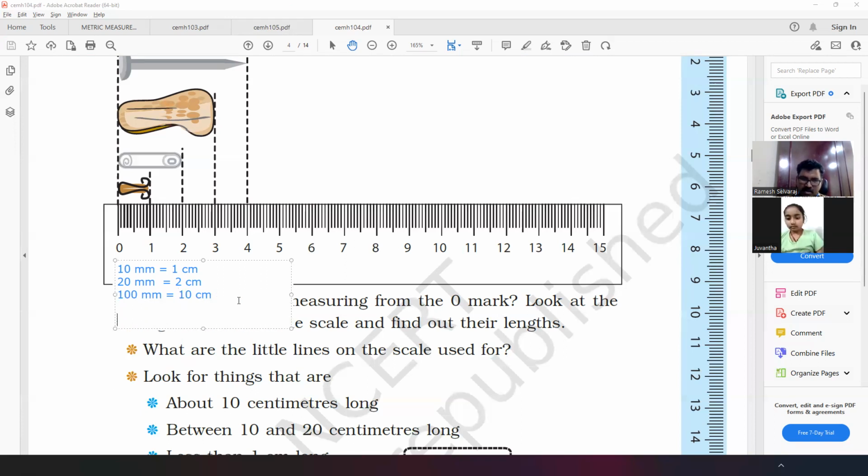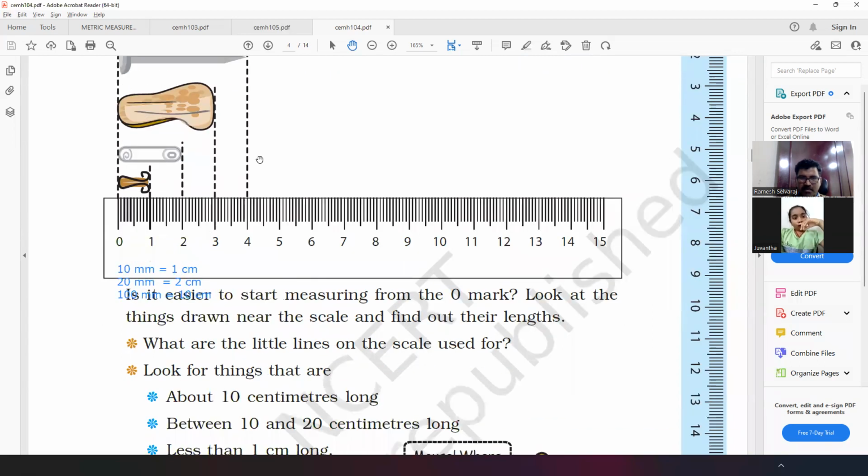Suppose now I will ask you one question. 15 centimeter is how many mm? See here, this is 15 centimeter, right? From this, how many mm will it come?